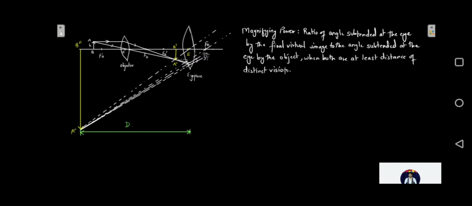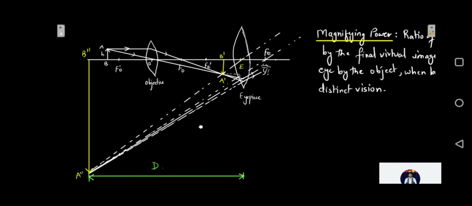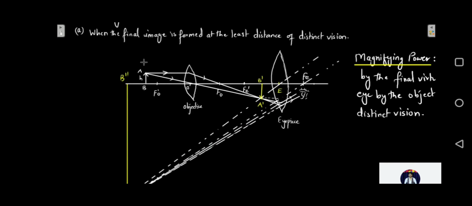So now let us look at the magnifying power of this compound microscope when the final image is formed at the least distance of distinct vision. Before going to the magnifying power, let us make some markings in the figure. Let the object be placed at a distance of u0.